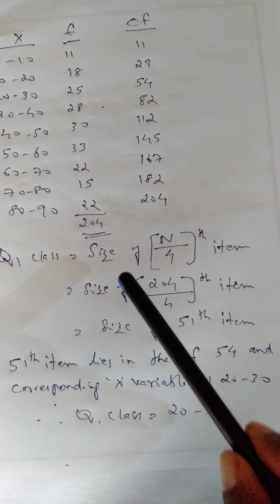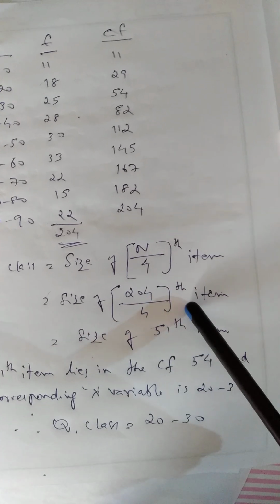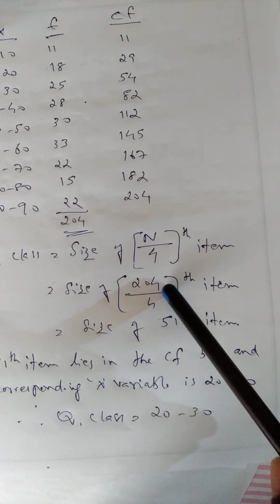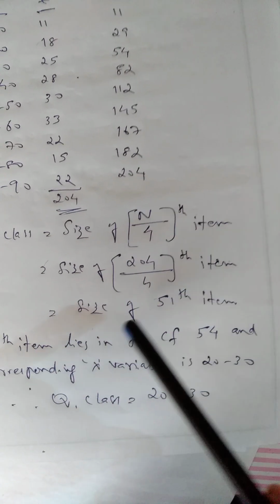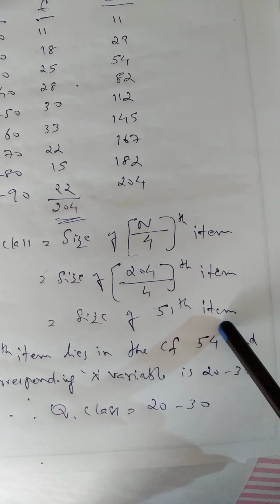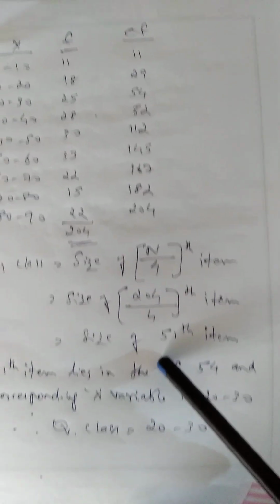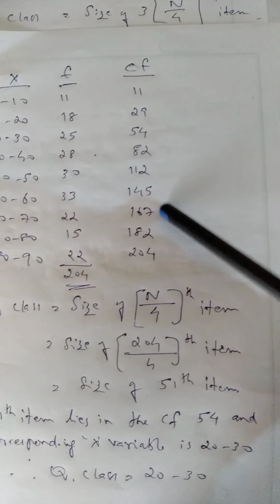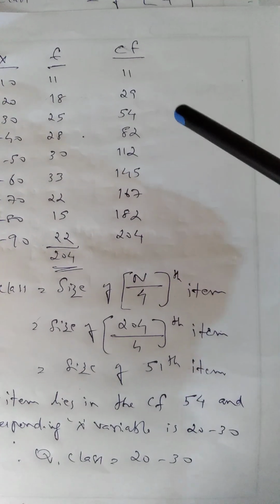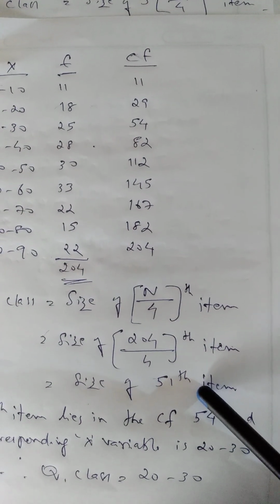Apply the value here, size of 204 divided by 4th item. When you divide 204 by 4, you get 51. So the answer is size of 51st item. After getting this, we have to look into the cumulative frequency column and check in which cumulative frequency this 51st item is covered.